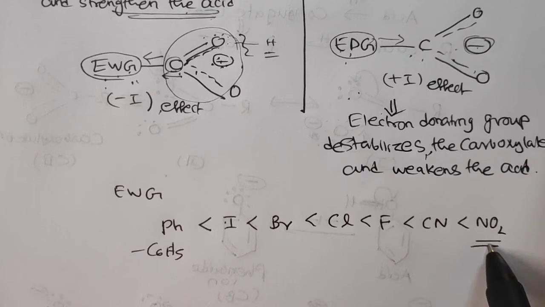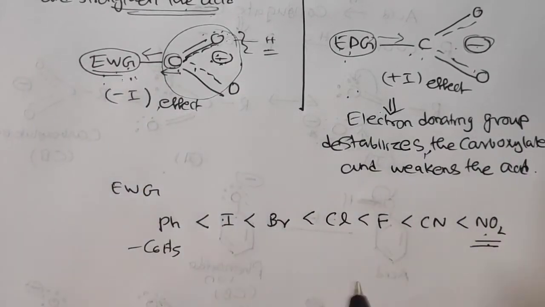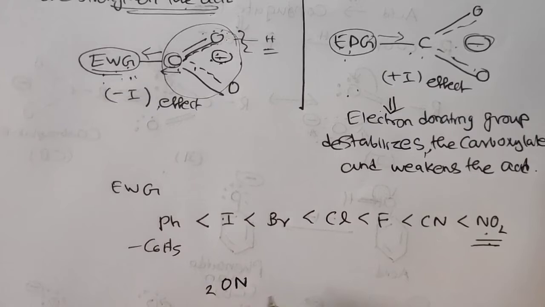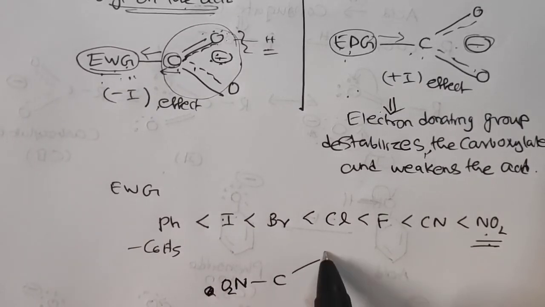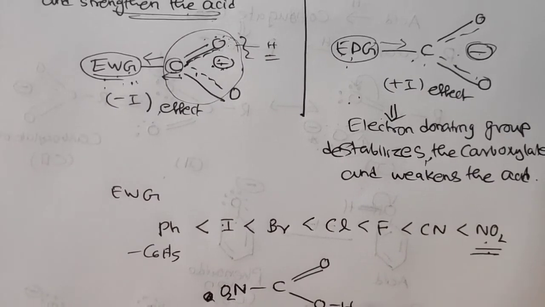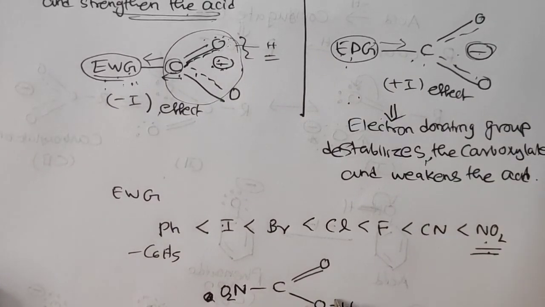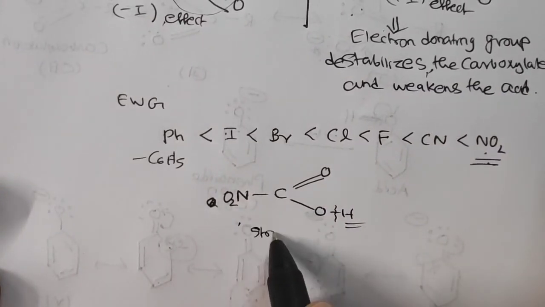Means if the NO2 group is attached to the carboxylic acid, C double bond O and OH, then what will happen? It will easily release the hydrogen ion, and this one will be a strong acid, right?